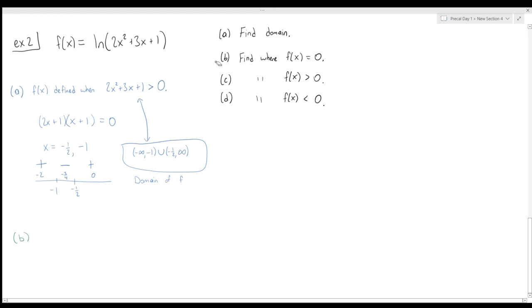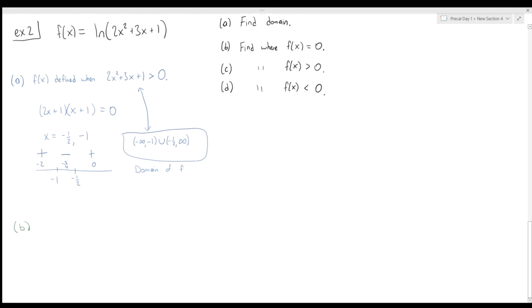All right. So let's take a look next at where the function f of x is equal to 0. Okay, so we've got this equation with the natural log in it. So how are we going to solve for x in this equation?